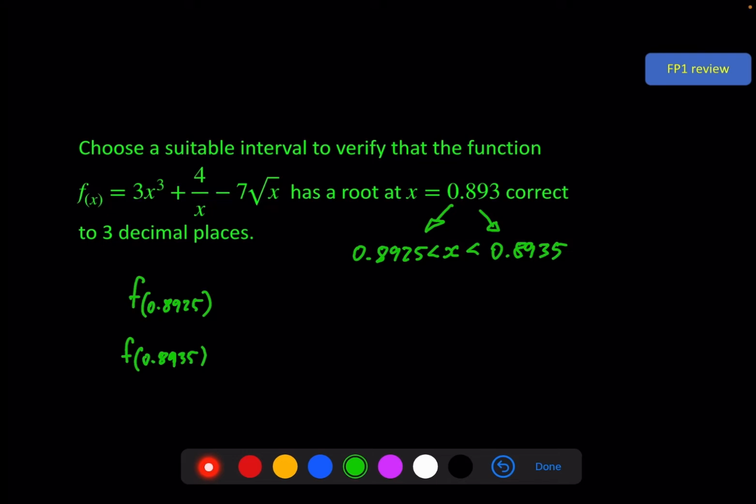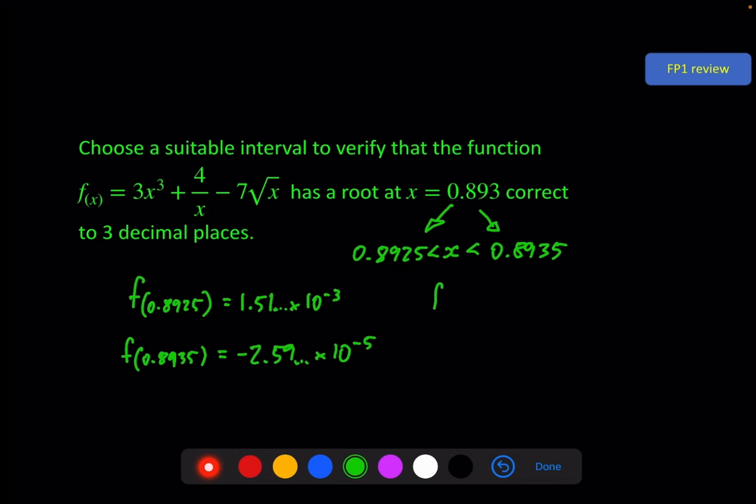And if you put that on your calculator, for 0.8925, you get a very small number. It's 1.51... times 10 to the minus 3. And if you put 0.8935 into the function on your calculator, you will get an even smaller negative number, 2.59... times 10 to the minus 5.